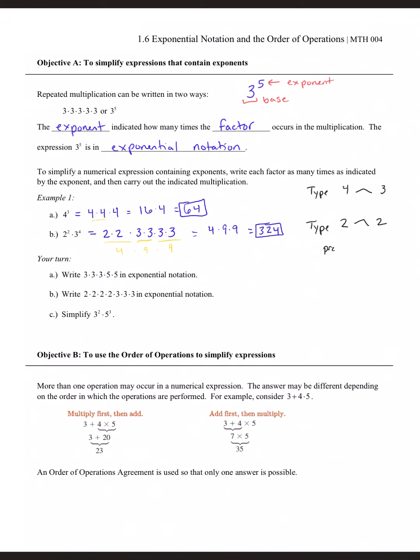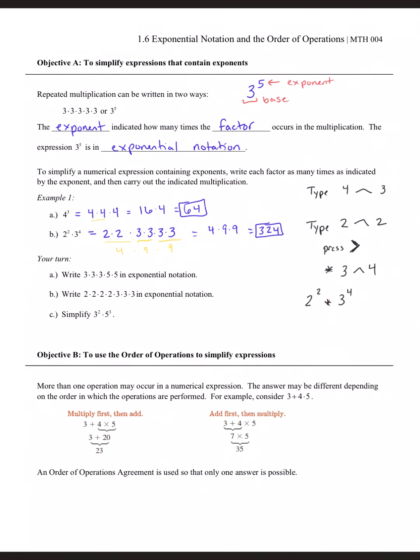So press this button, the arrow key to the right. And when you do that, that'll move the cursor out of the exponent. And then you can type the multiplication sign again, and then 3 caret 4 for the exponent. So when you do this in your calculator, you should see something that looks like this.